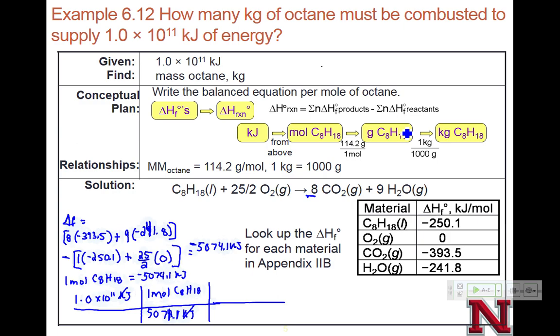So now to figure out how many grams, I know my molar mass is 114.2 grams per 1 mole of octane. This is what we've been doing since the beginning of class. There's no difference here. And of course that's going to be a really big number, which is why it's asking for it in kilograms. So 1,000 grams is equal to 1 kilogram. And that's still a really big number, actually.